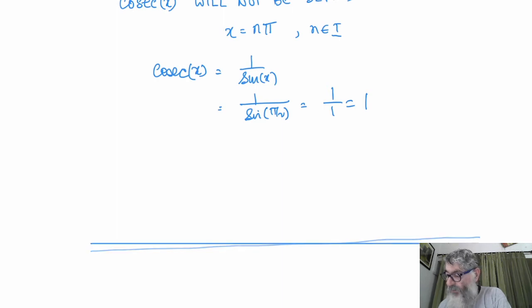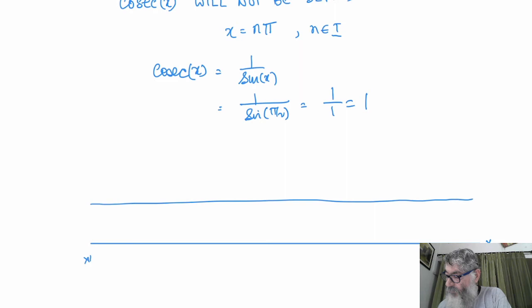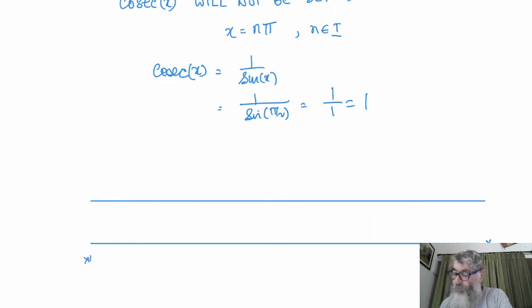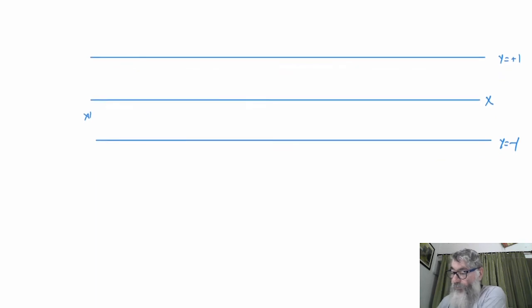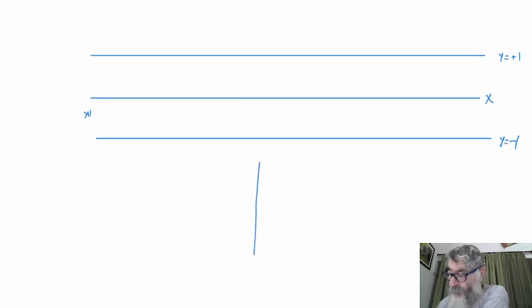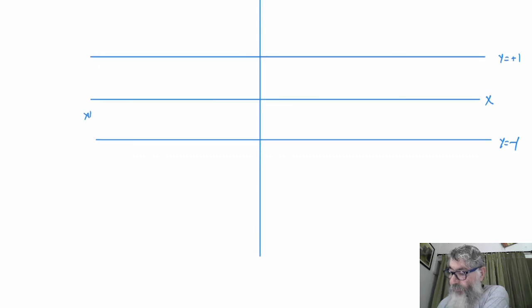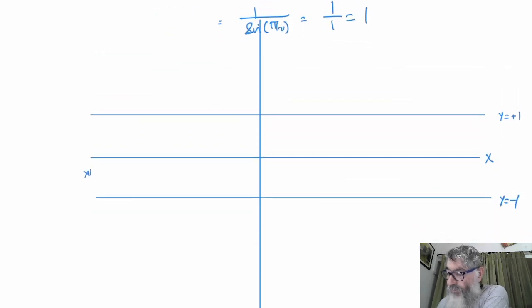This is the x-axis. This line is y is equal to 1, and this line is y is equal to minus 1. And then again we draw the y-axis, and then we draw further vertical lines.